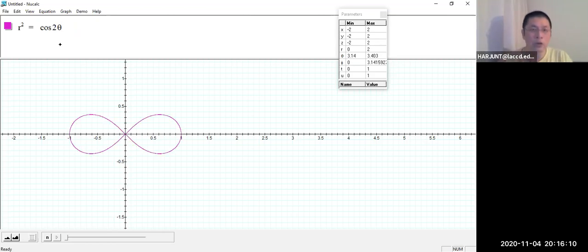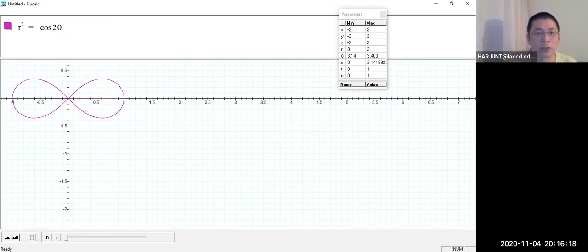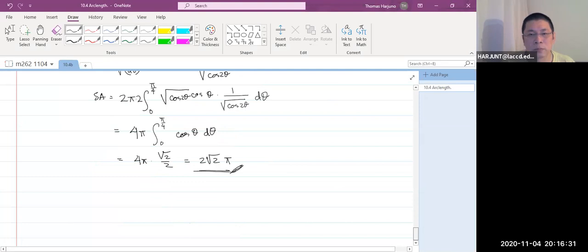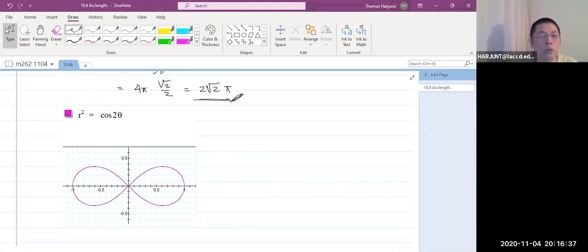That's why, if I go back to my curve, you know what, let me correct it. Let me screenshot this. That's why I only move this guy here.